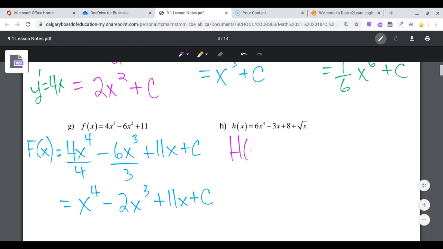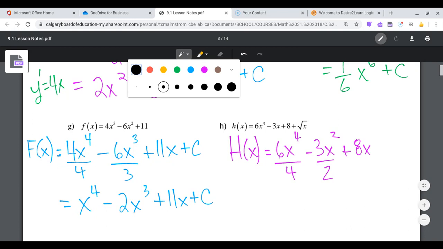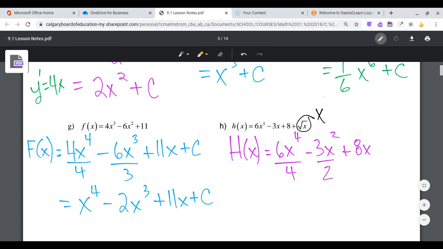All right, so let's look at this one. Big H of x is equal to 6x, 3 plus 1 is 4, on 4, minus 3x, 1 plus 1 is 2, on 2, plus 8x. Now we have this radical, so just remember this is x to the half, and we're going to have to add 1.